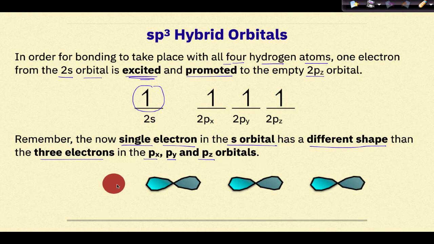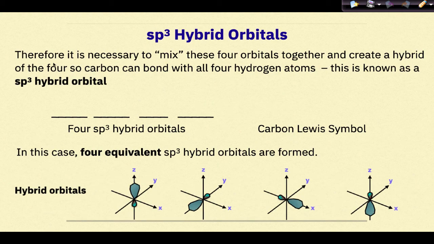So we have this 2s being a sphere, while the remaining electrons in the 2p sublevel all look like these little dumbbells down here that I drew. Therefore, it is necessary to mix these 4 orbitals together and create a hybrid of the 4 so carbon can bond with all 4 hydrogen atoms.